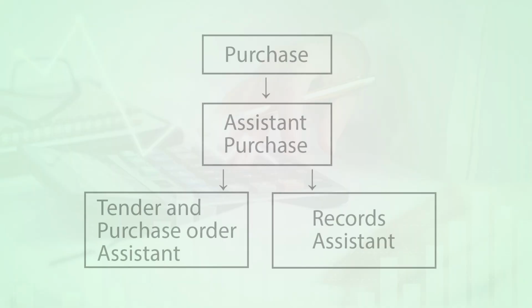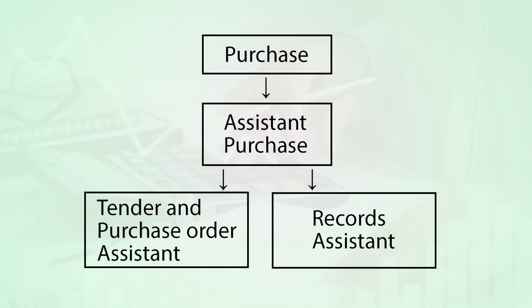Every unit prepares its own customized organizational structure. So, this is the structure of the purchase department, where we will have one purchase manager. Below it, there is an assistant purchase manager. Under the assistant purchase manager, there may be 2 assistants. One is tender and purchase order assistant, second one is records assistant.